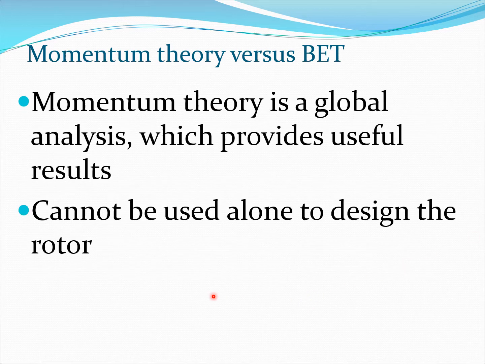One more thing we saw is that momentum theory is a global analysis which provides useful results, but it cannot be used by itself to design the rotor because it really doesn't care about the blades. You only have the rotor radius coming into momentum theory, and you are using it to calculate the inflow on the rotor disk as well as the power required in terms of the induced power.